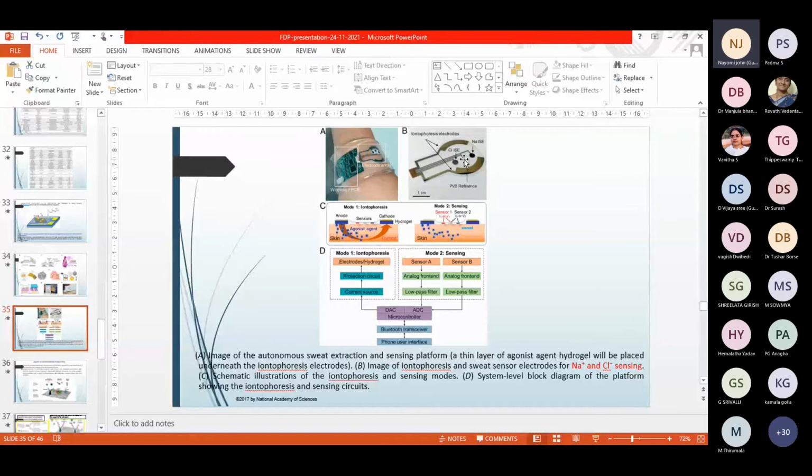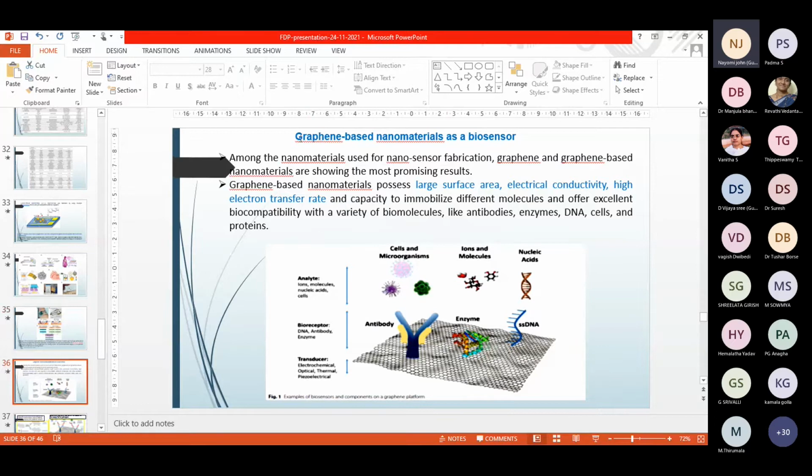Moving on to the advancements, because the title itself is past and present. Now the present work is happening on graphene-based nanomaterials. Graphene has high advantages because it has a large surface area, high electrical conductivity, a high electron transfer rate, and the ability to immobilize different molecules. Here we can see there is immobilization of antibodies, DNA, and enzymes.